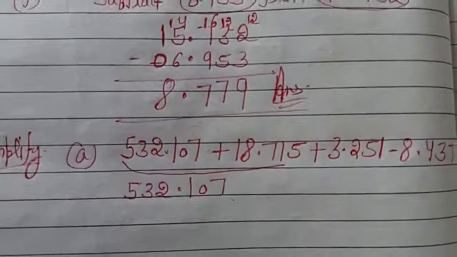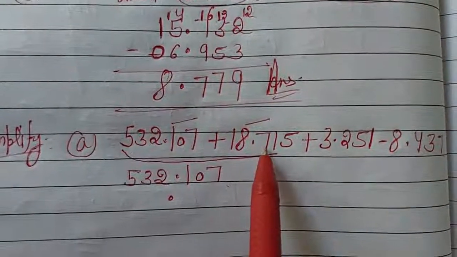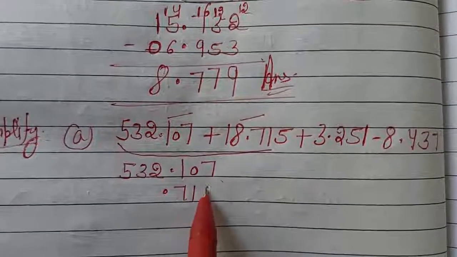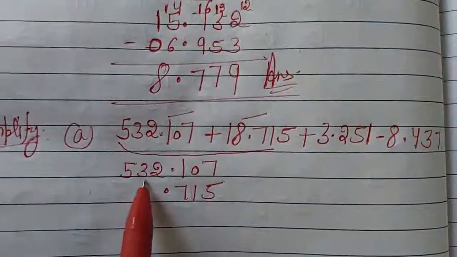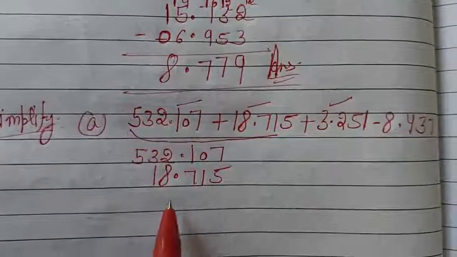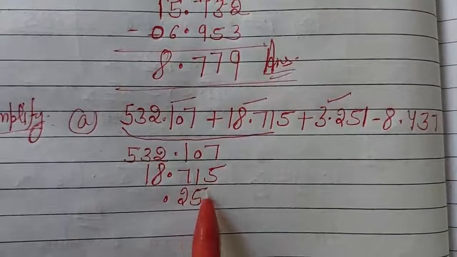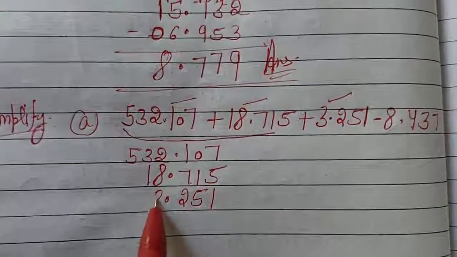532.107. Add this number. Point means point. After the point 715. Before the point, before the decimal, 18 is there. So you can add this also. 0.251, and before the decimal it's 3.